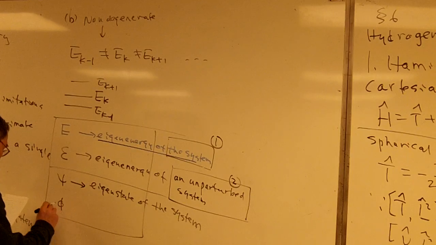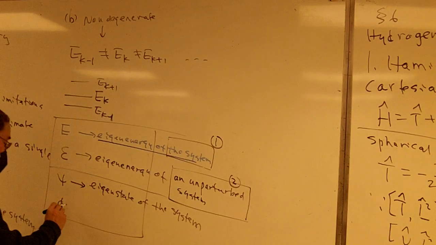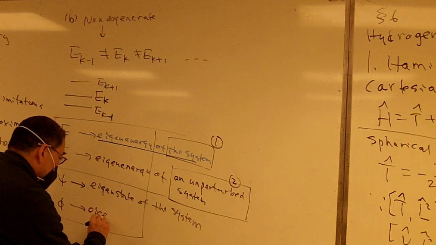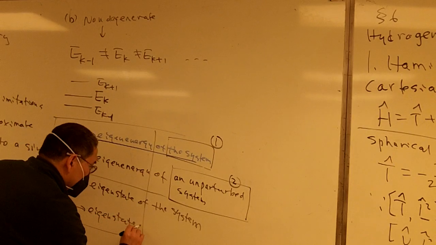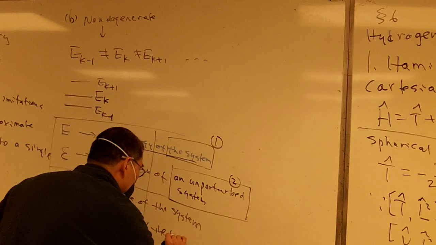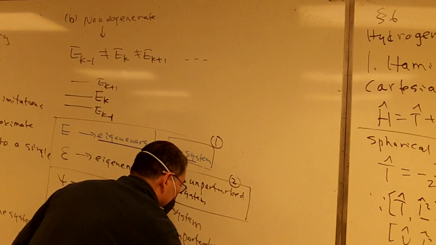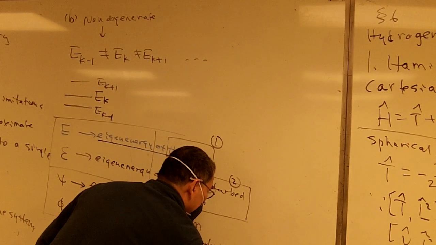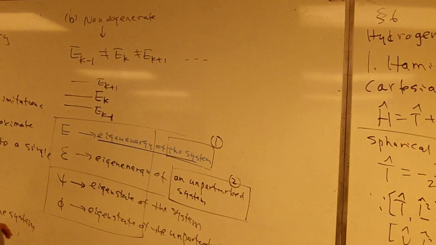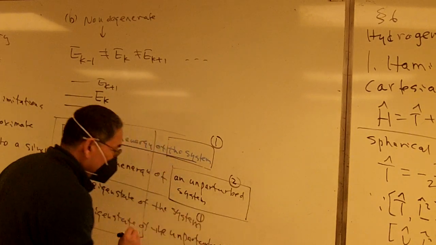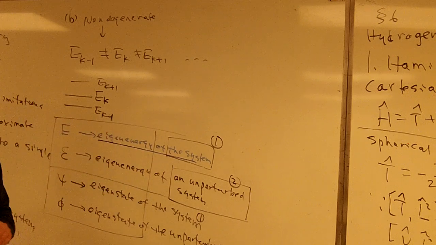While phi here is the eigenstate of the unperturbed system. So this is again the system, and the unperturbed system.